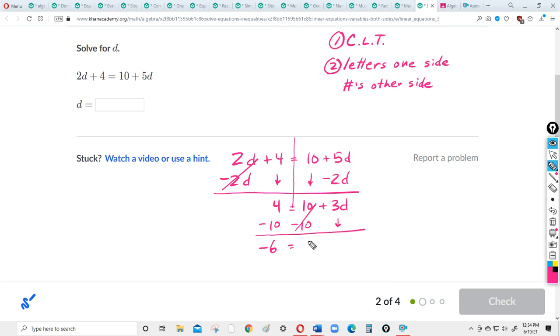And bring down your 3d. And dividing both sides by 3, because it's 3 times d, or d times 3. The opposite of times 3 is divided by 3. Cancels right here. Negative 6 over 3 is negative 2. And you just enter that number in the box.